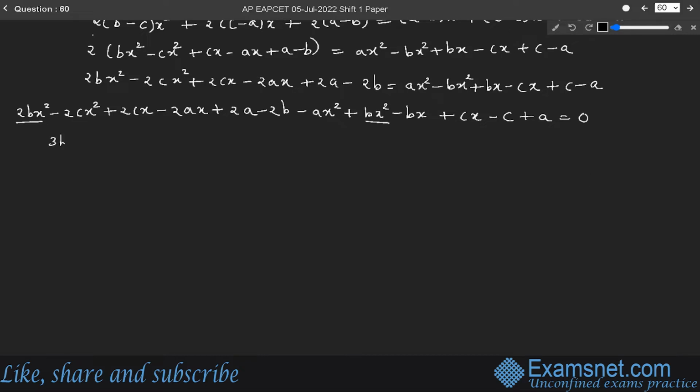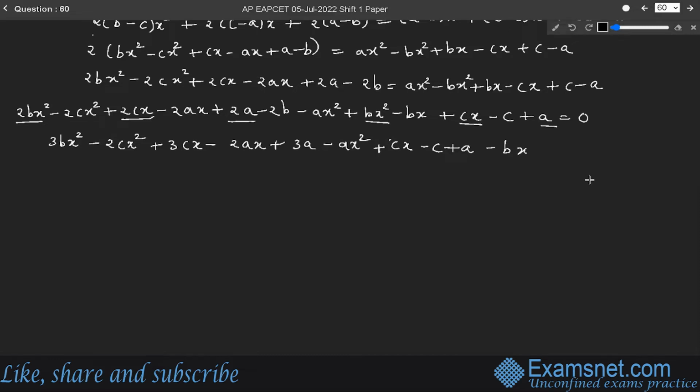So it will be 3bx square. Now, looking for the term which is minus 2cx square, it will be minus 2cx square. Now, 2cx plus cx is 3cx. So plus 3cx minus 2ax plus 2a plus a is 3a minus ax square plus cx minus c plus a minus bx.